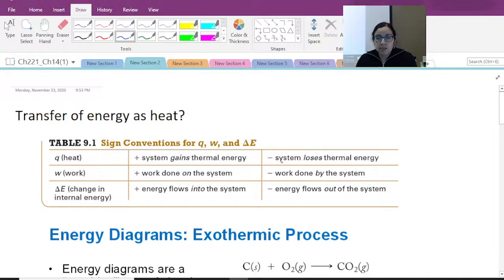And if Q is negative, then it's losing energy, like exothermic. And then work: we said work done on the system is positive. So if you want to make a note, volume's decreasing, so work is being done on it. And we saw a negative sign when work is done by the system, and again, you might want to put volume increasing.